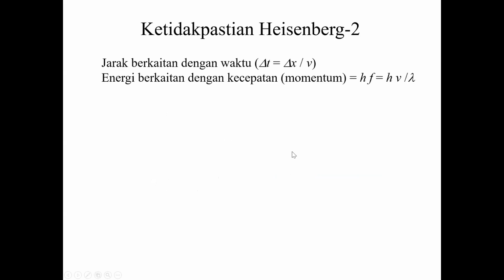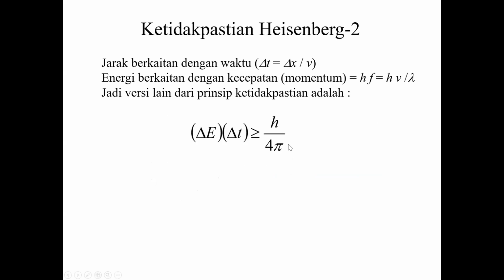So this is the first uncertainty principle. We also have the second form of uncertainty principle. This is related to the error of energy, the standard deviation, delta E. The product of delta E and delta T is also greater than the order of the Planck constant.